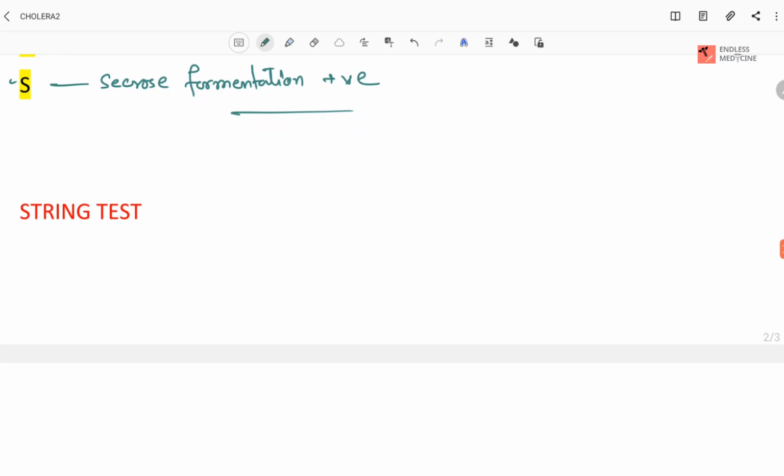Now come to the string test. What is this? If we apply sodium deoxycholate on the culture of this bacteria, it causes the denaturation of bacterial protein.